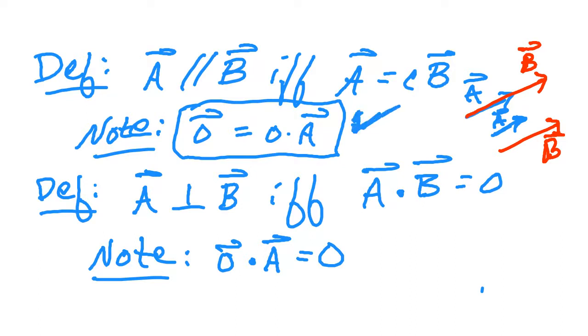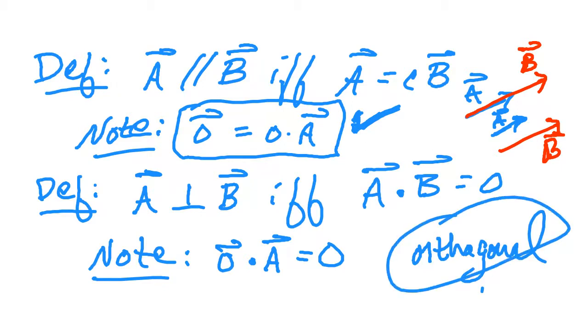And then I believe I said this wrong to Jordan yesterday, but now we talked about perpendicular vectors, also called orthogonal vectors. A vector is perpendicular, or orthogonal, to B vector if and only if their dot product is 0.